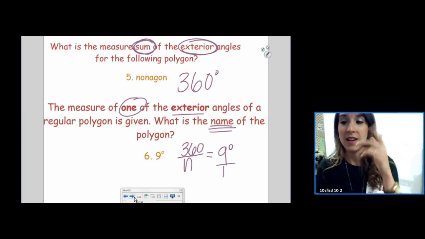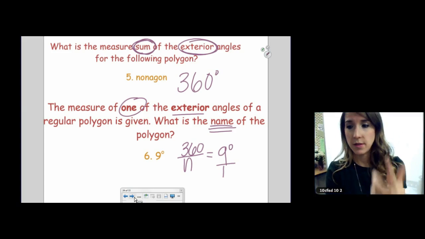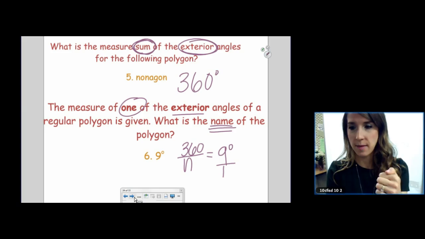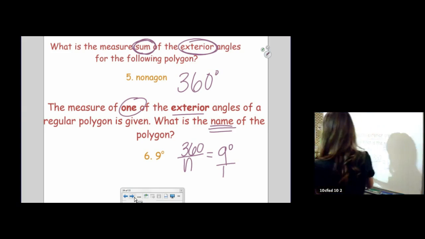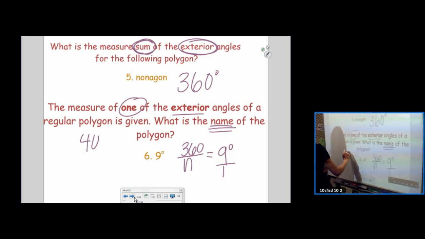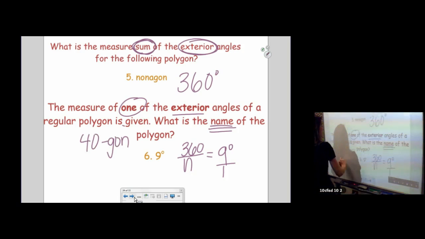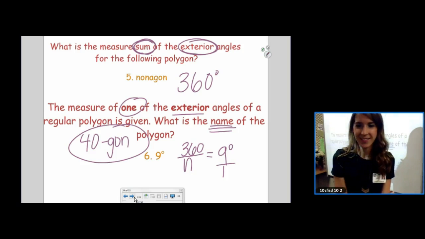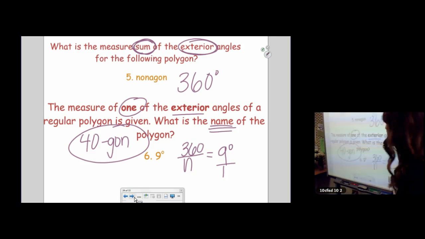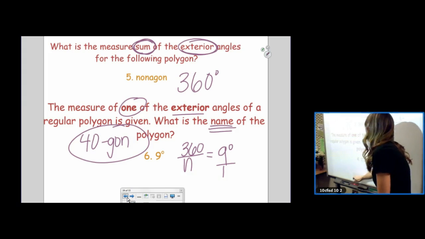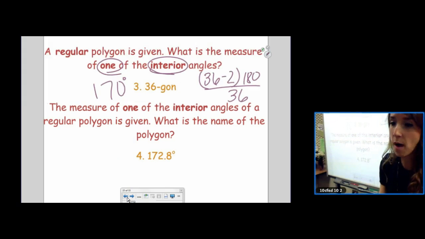Cross multiply and divide. 360 times 1 divided by 9. What do you get? Y'all are saying 40. Is it a 40gon? That's the name of the polygon. When you don't know the official name, you just write the number and you put gon attached to it. A 40gon. Yeah.